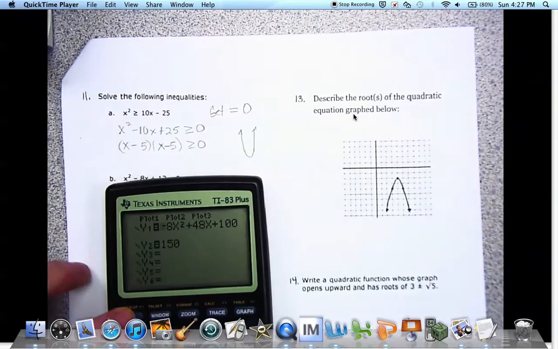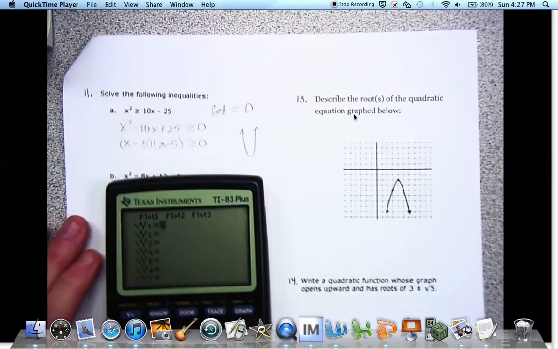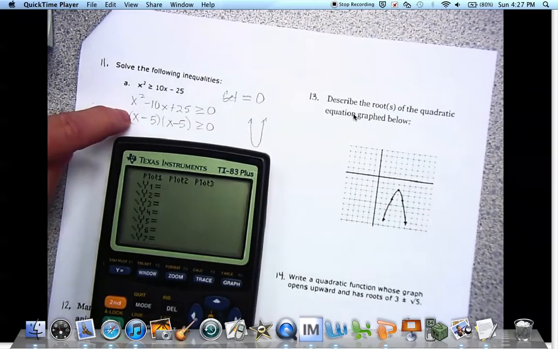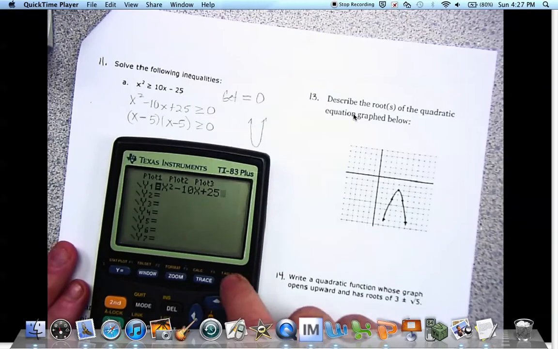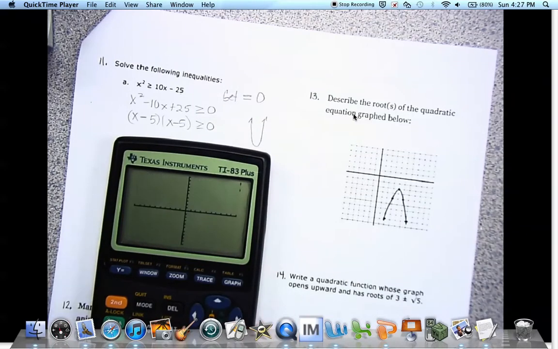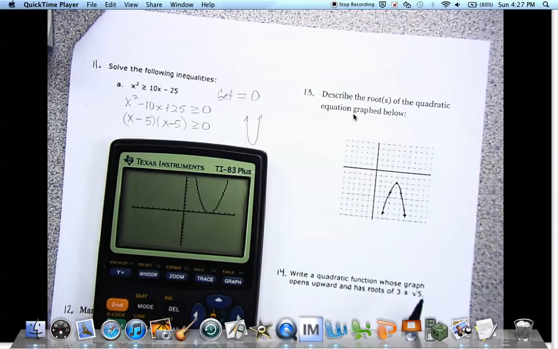So let's clear this, and you can graph it this way or you can graph it this way. I'll just do the first one. X squared minus 10x plus 25. Zoom 6. Okay.